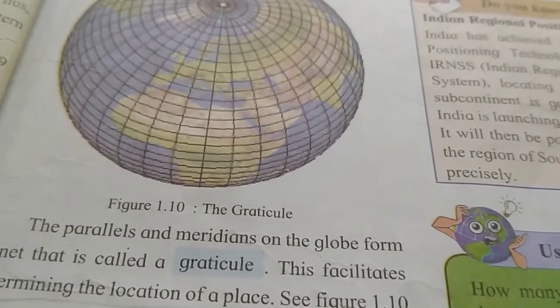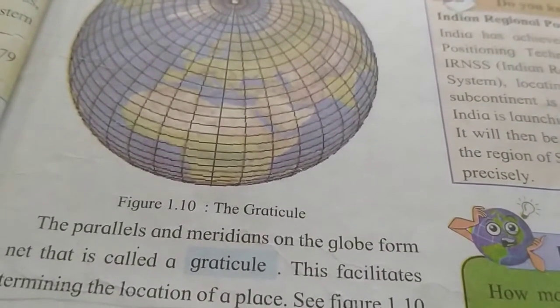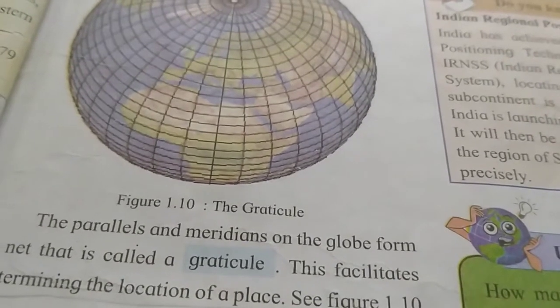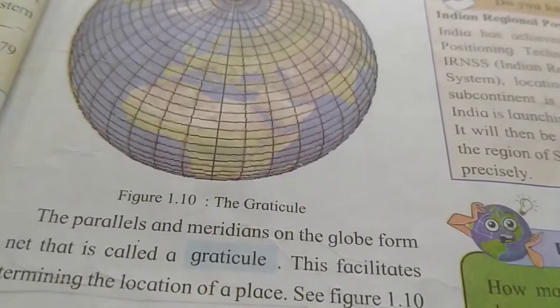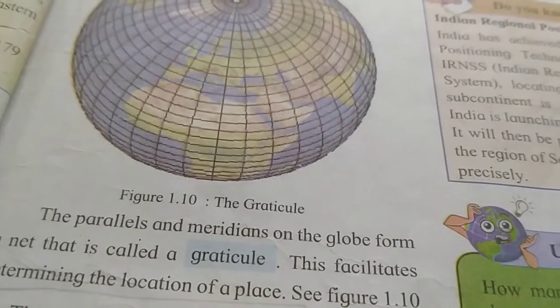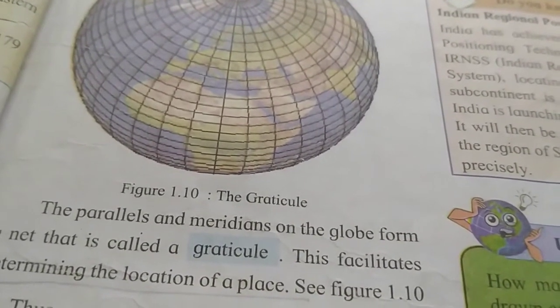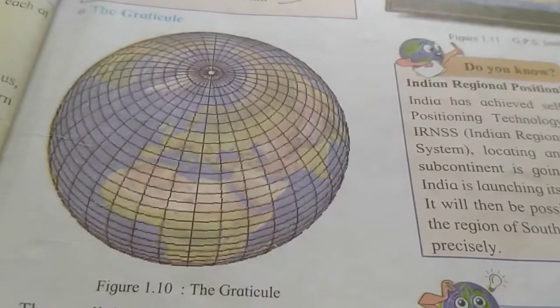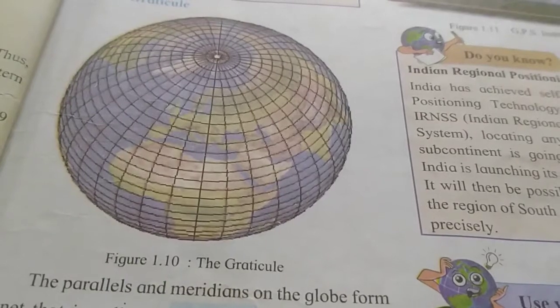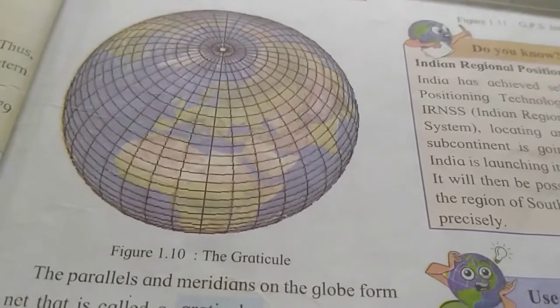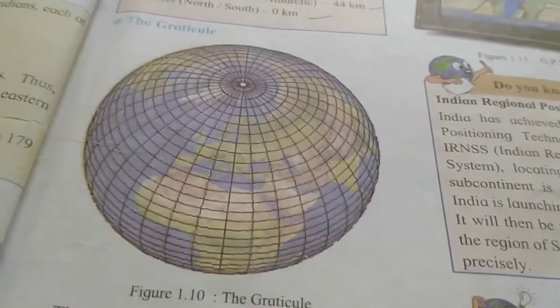The distance between the meridians is maximum at the equator and reduces towards the pole. At the pole it is 0. The distance between any two adjacent parallels is 111 kilometers. On the equator, the distance between two adjacent meridians is 111 kilometers.